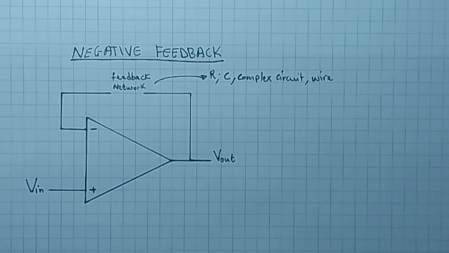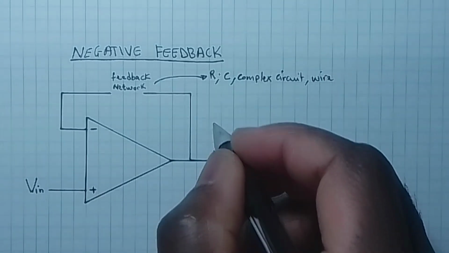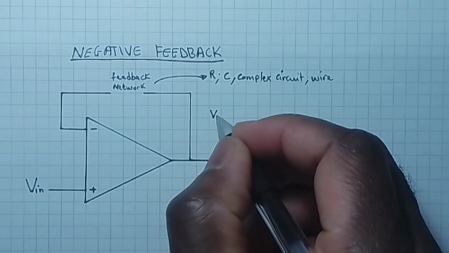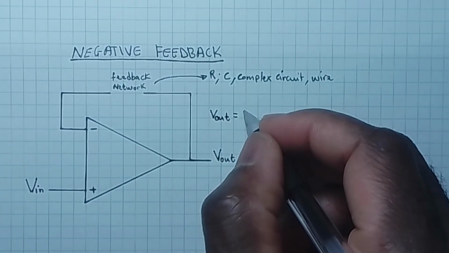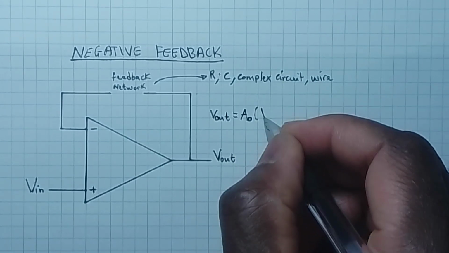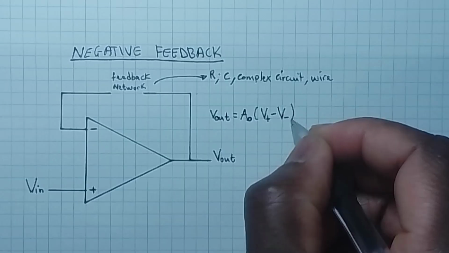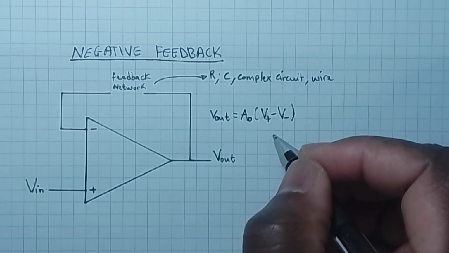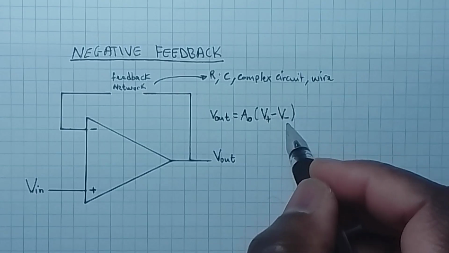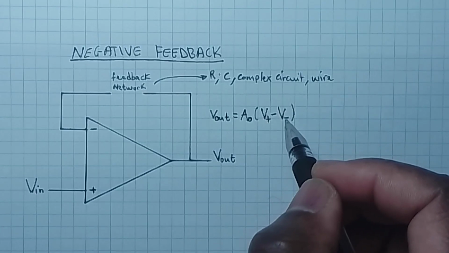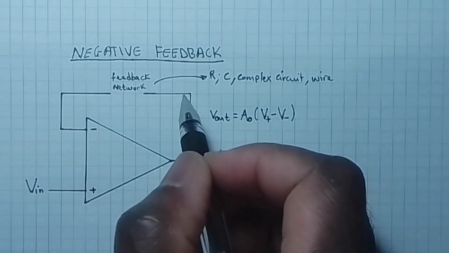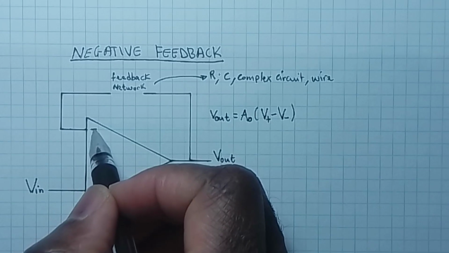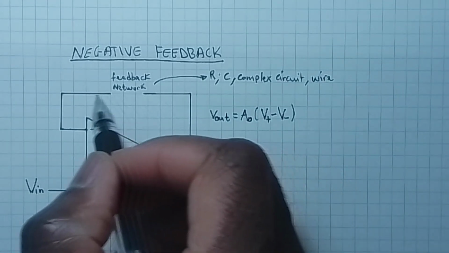So, our well-known formula, the open loop output voltage, needs to be modified here, because now V minus, that is the inverting terminal, receives some extra voltage from the output terminal.